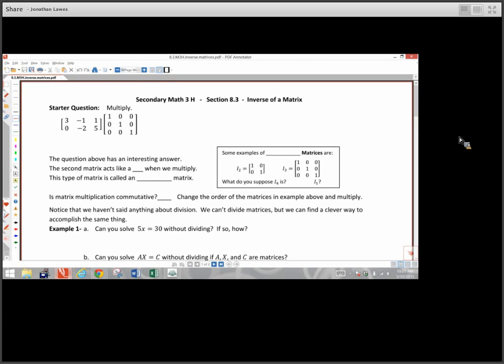What's cool about that? It's a really small number. That means sitting out front is 1 over the determinant, so 1 over 1 is 1. So sitting out front is a 1. I'll go ahead and write down the 1 over 1.